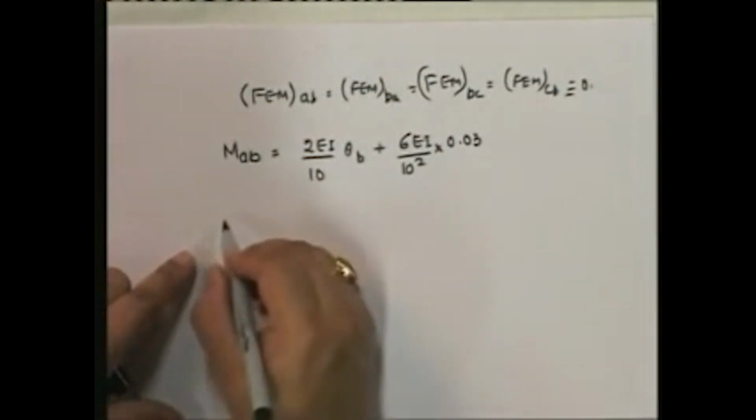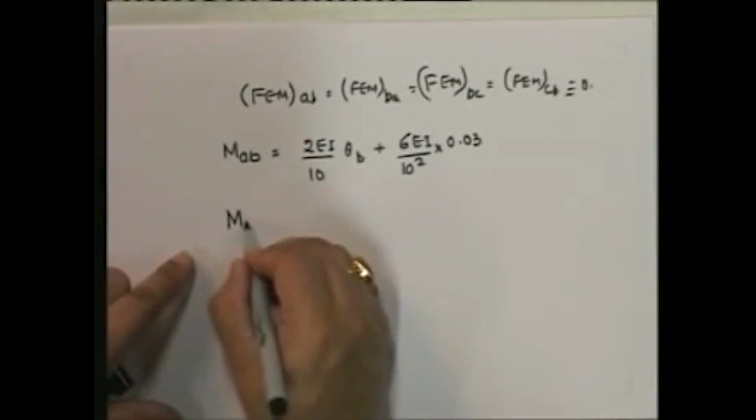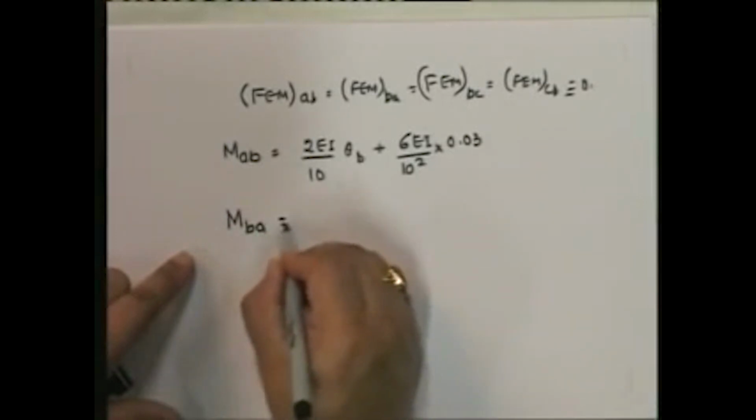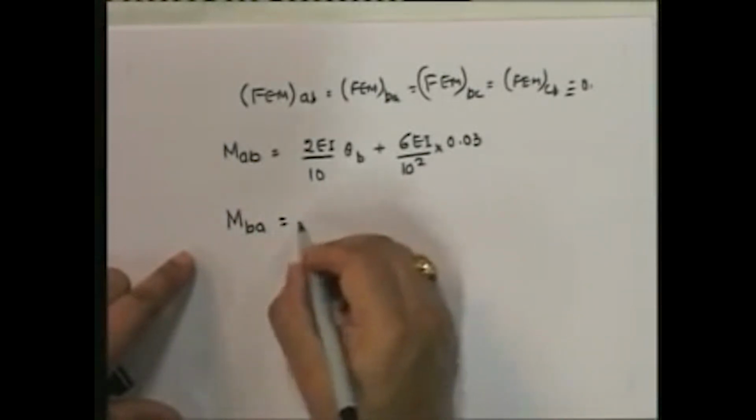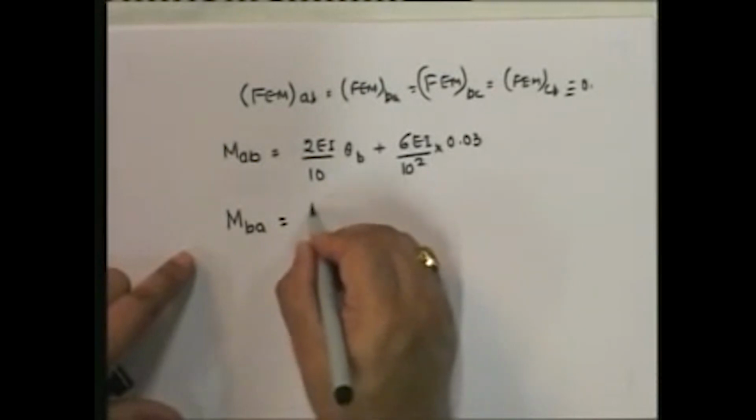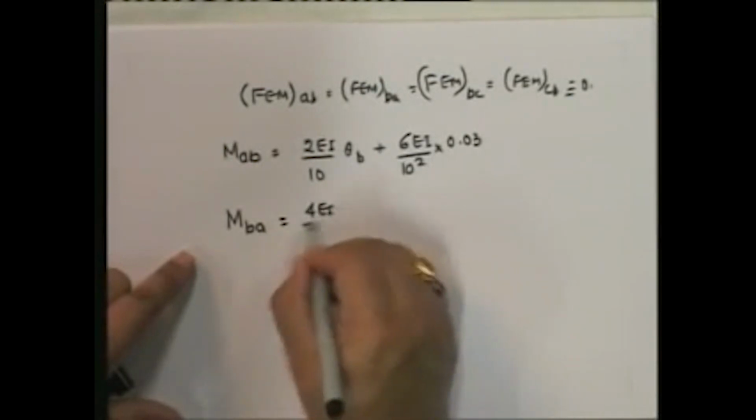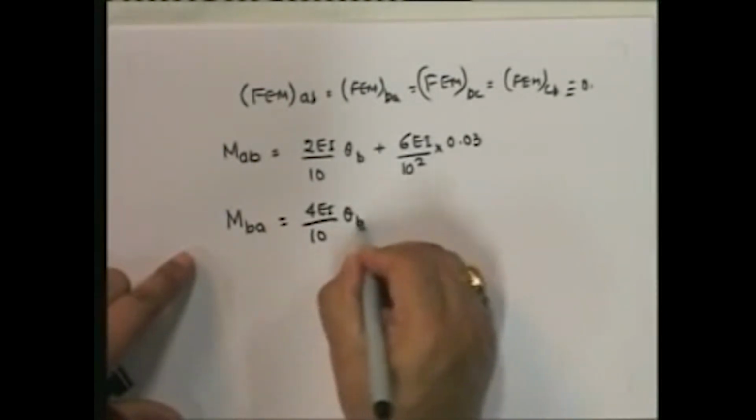Then MBA is equal to 4EI upon 10 theta B and so on.